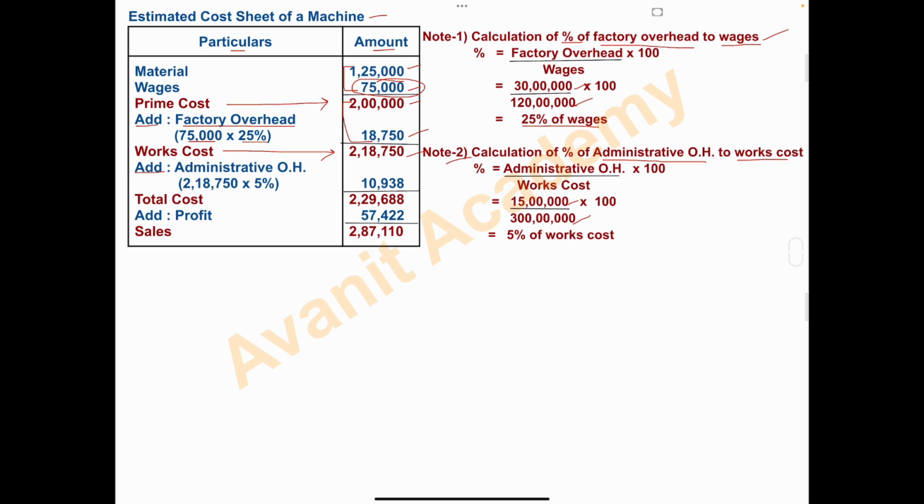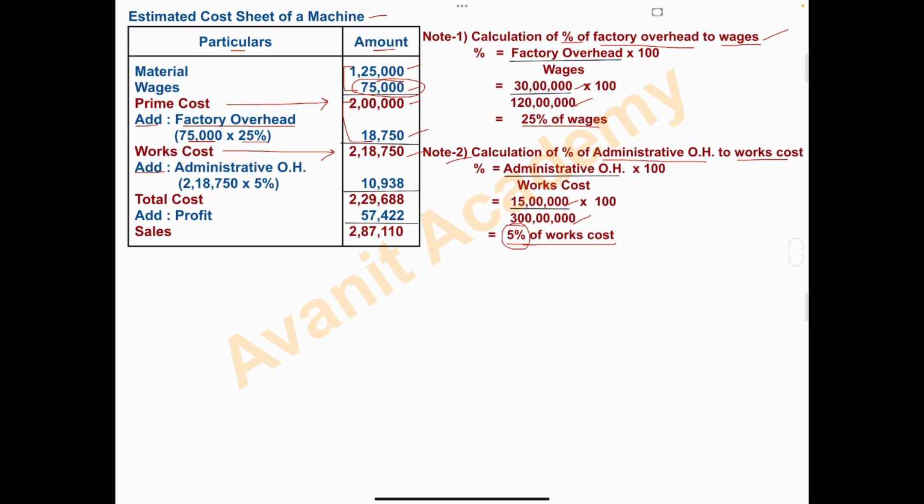Works cost amount is 300 lakhs into 100. Do the calculation and you will get 5%. You get 5. That is, you have to write 5% of works cost. So, in this estimated cost sheet, administrative overhead, you have to charge 5% of works cost.